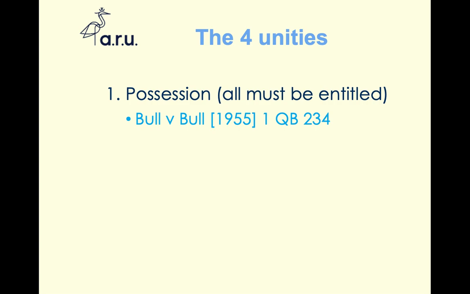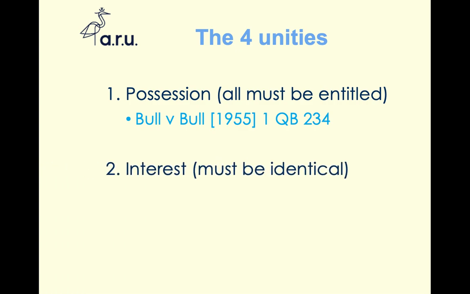So Lord Denning in Bull says, each tenant is entitled to an undivided share, each entitled to possession and use of the land. And that means that all these 4 unities have to be present in order for them to become joint tenants. So as regards possession, they have to all be entitled to equal possession and not split into separate parts of possession. They have to be entitled to the same sorts of hold in land, all entitled to possess the land as freeholders, for example.